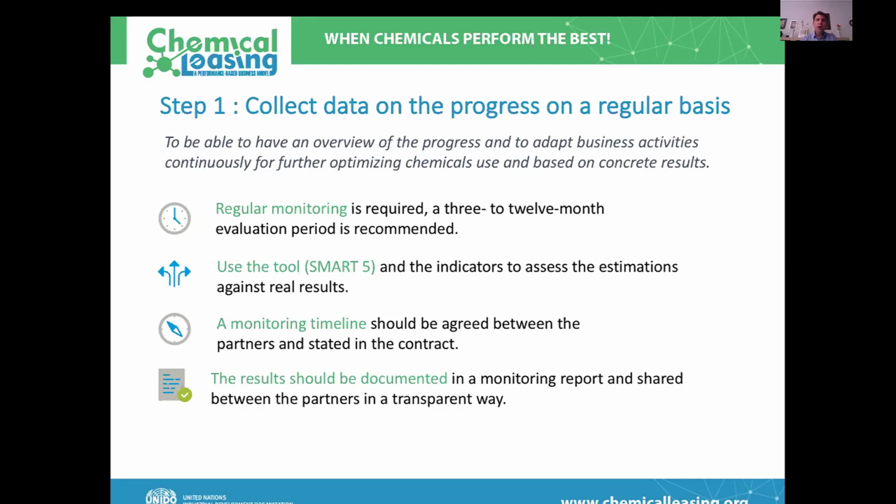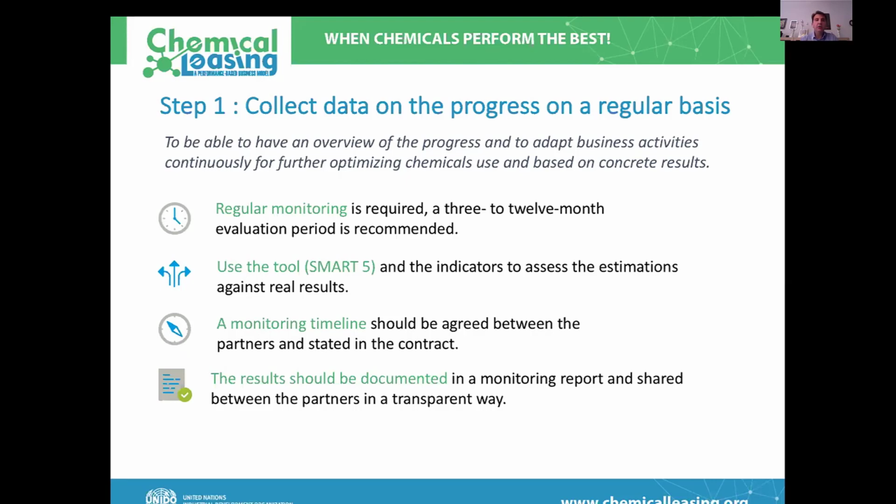As Vojka said, one of the most important things before signing the chemical leasing agreement is collecting the data to draw the baseline. Baseline means how much chemicals I'm using now, how much money I'm spending for chemicals, or for a supplier, how much money I'm earning, how much chemicals I'm selling.